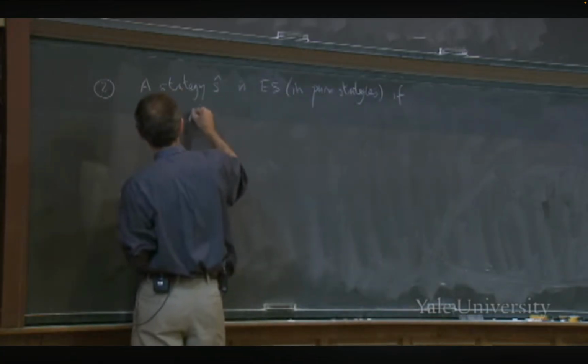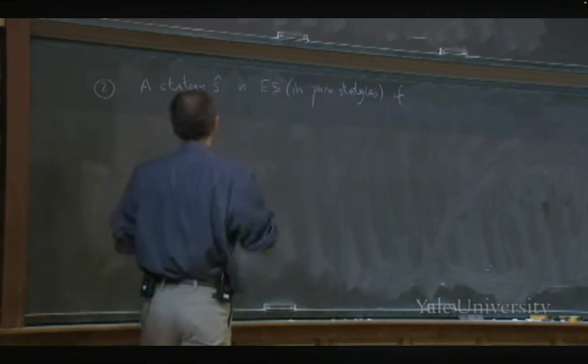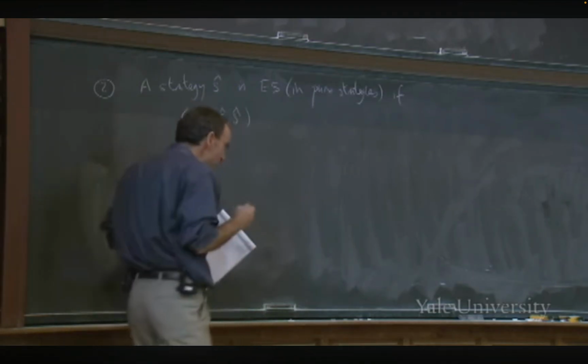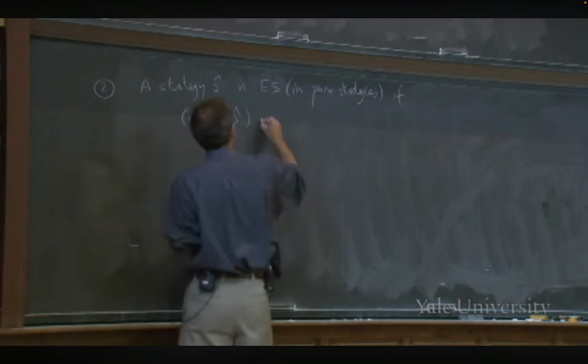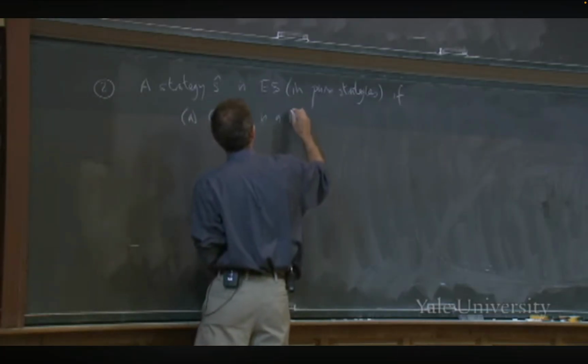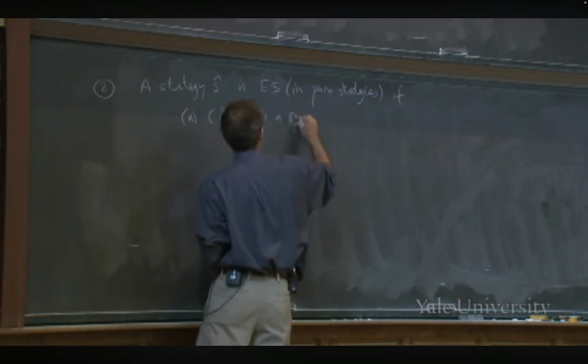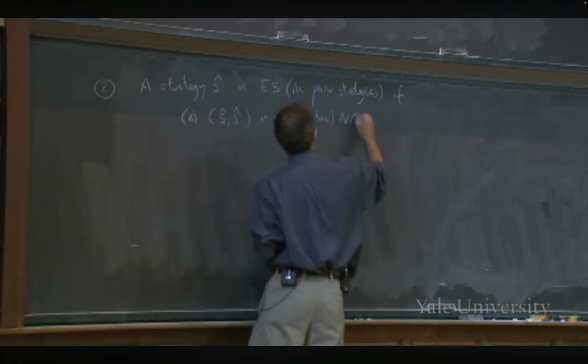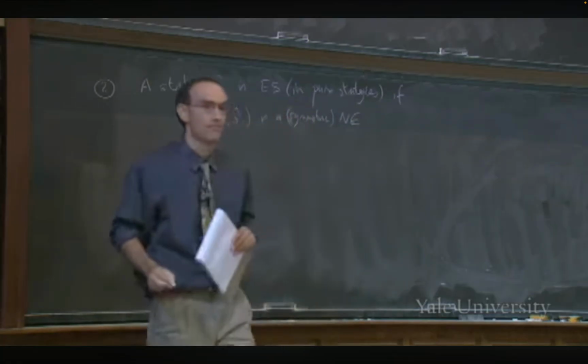Thing number 1, let's call it A, if S hat is a Nash equilibrium, obviously a symmetric Nash equilibrium of the game.